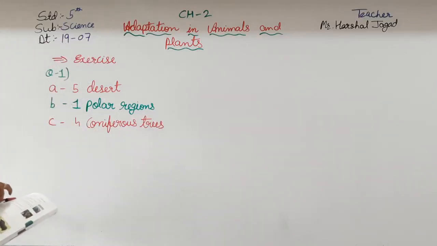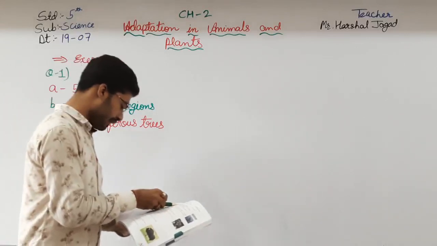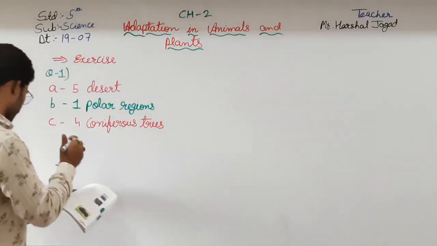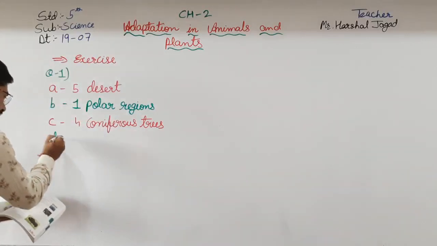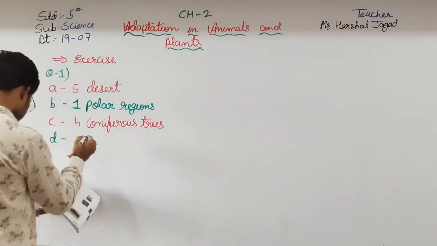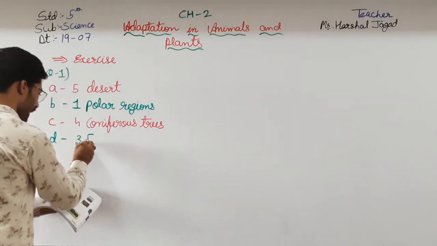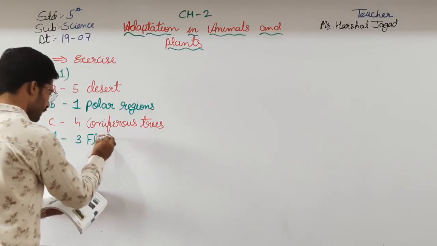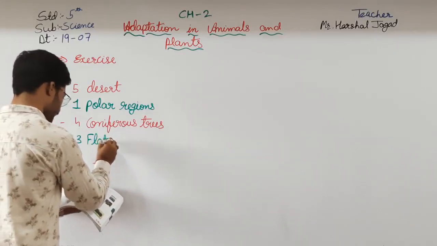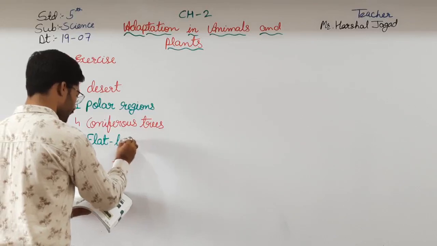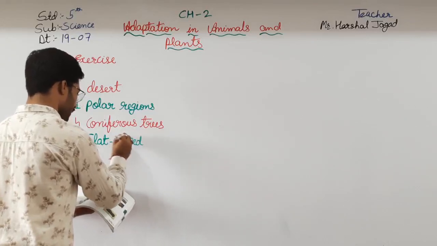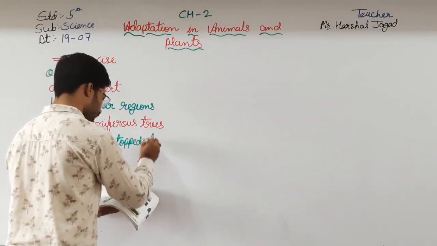Okay, then after D, that is windy places, that is three, flat topped trees.